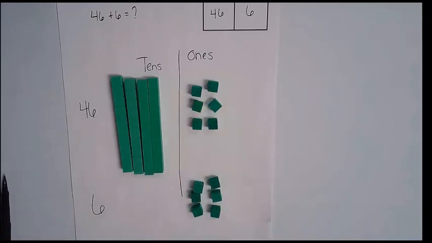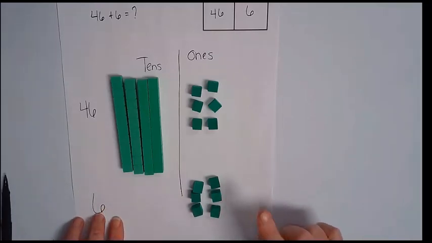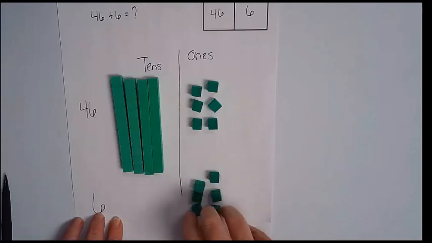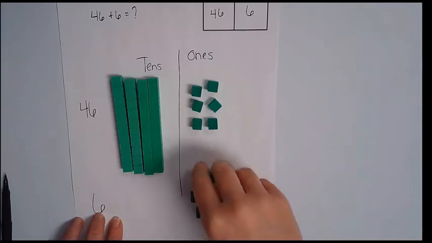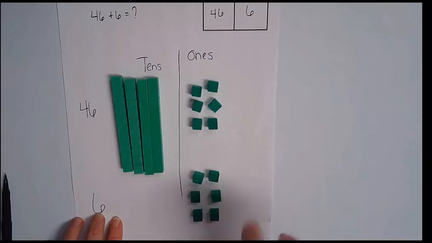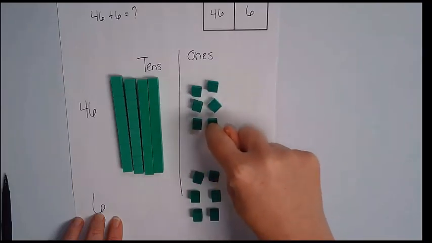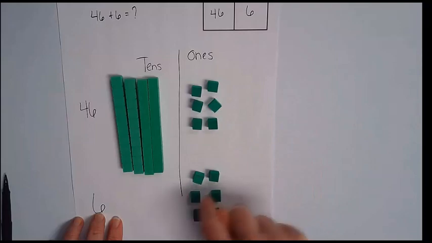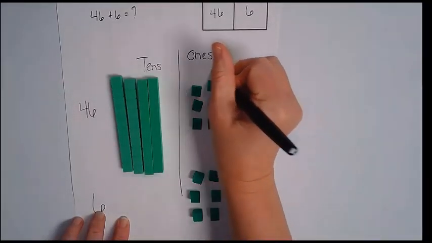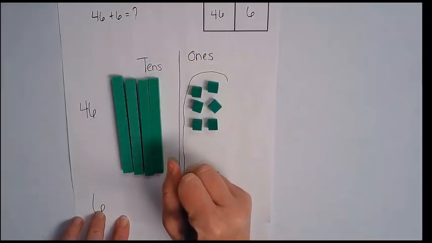So I am going to need to compose a new 10 because I have 12 ones. So I'm going to circle my group of 10 to help me stay organized. 1, 2, 3, 4, 5, 6, 7, 8, 9, 10. So let me draw a circle around that group of 10.